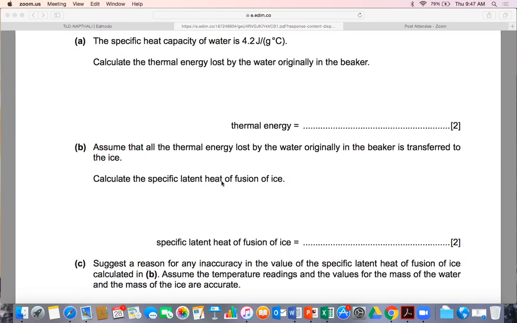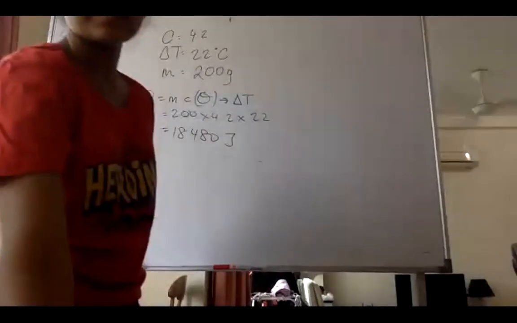What is the formula for latent heat of fusion? Q equals ml.